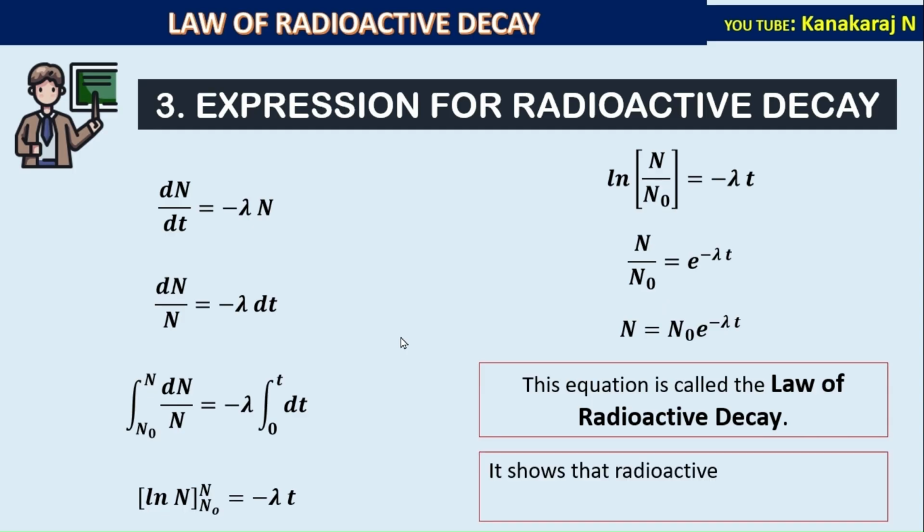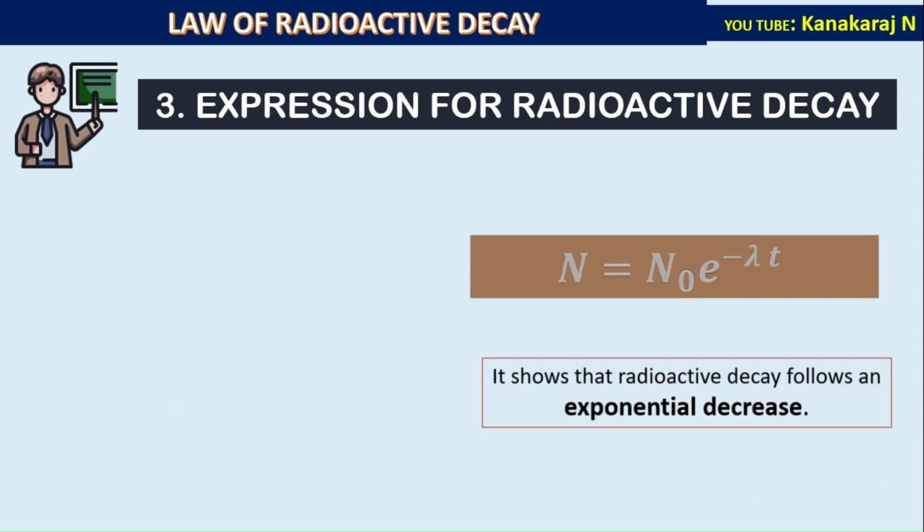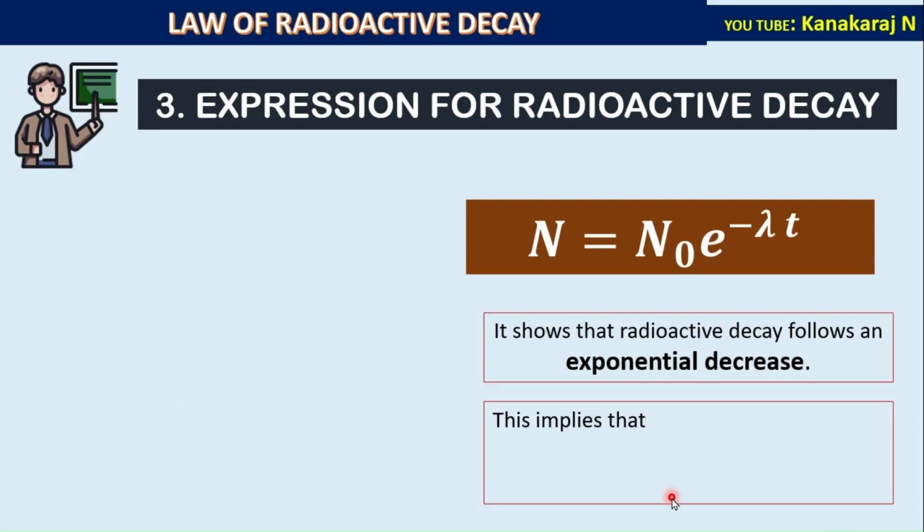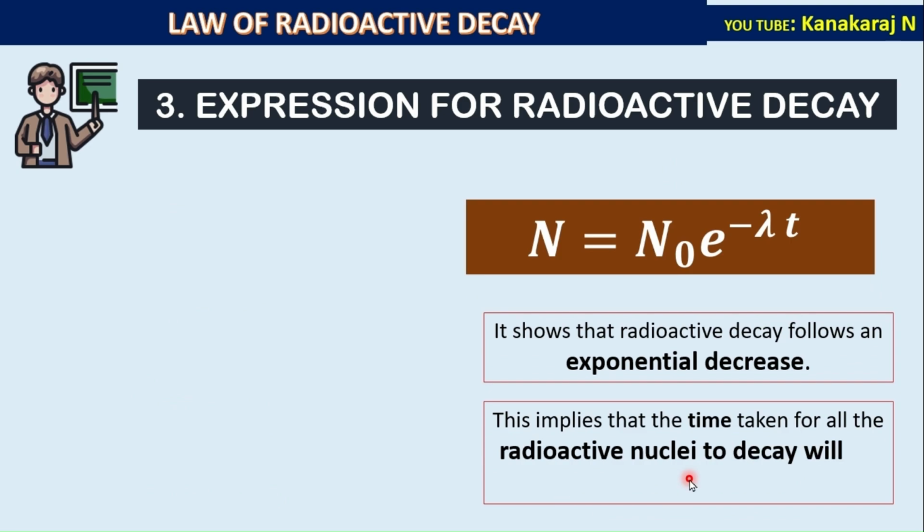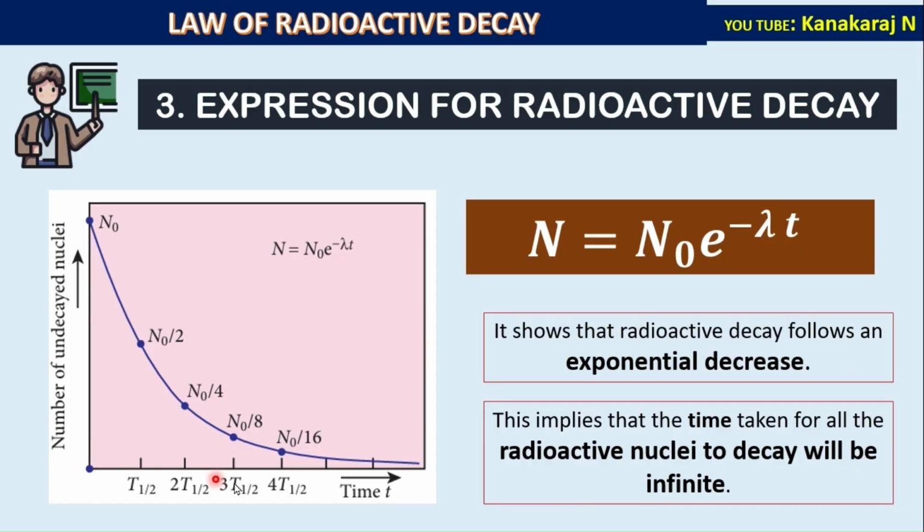It shows that radioactive decay follows an exponential decrease. This implies that the time taken for all radioactive nuclei to decay will be infinite. Let's see a graph. On the x-axis we take time and on the y-axis we take the number of undecayed nuclei. At time 0, initially, the total number of atoms is N0. After one half-life, only half of the number is undecayed.